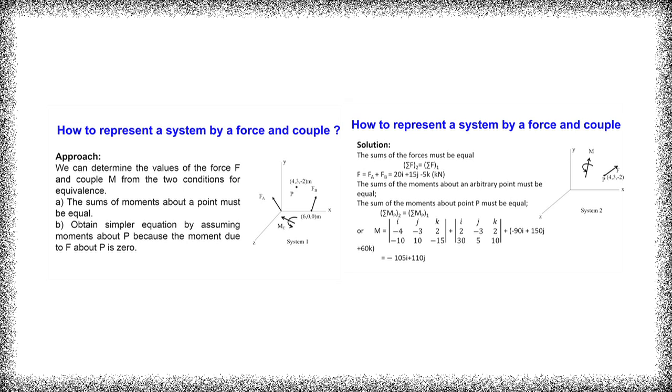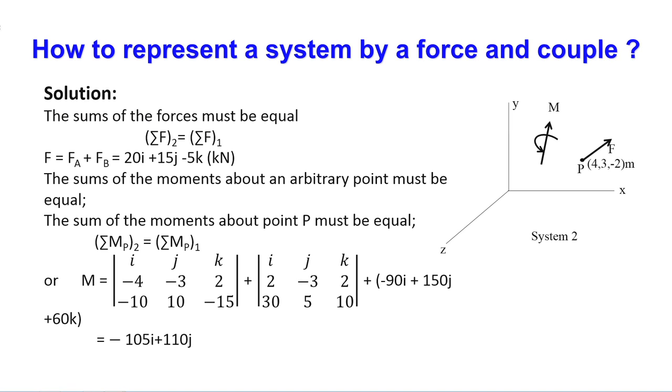FA, FB. Because we want to find F and M for the equivalent system, F equals FA plus FB, where FA and FB are given. Then the moments for system 2 and system 1 we have to find out.